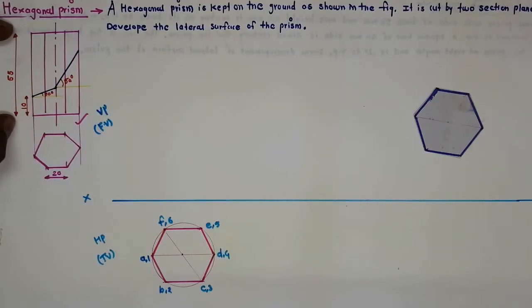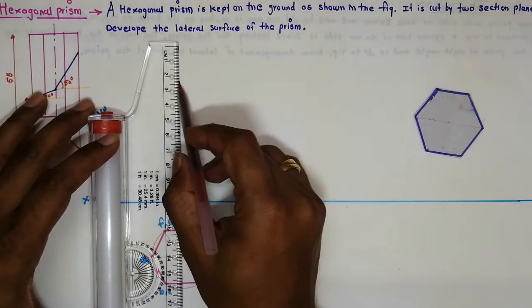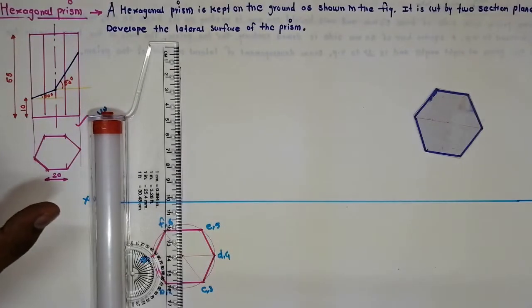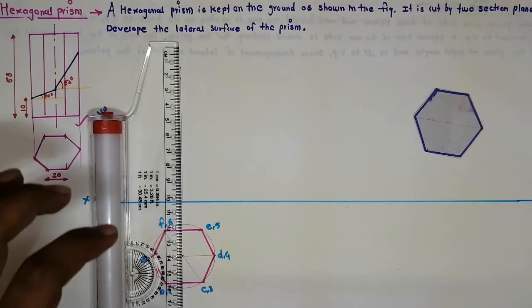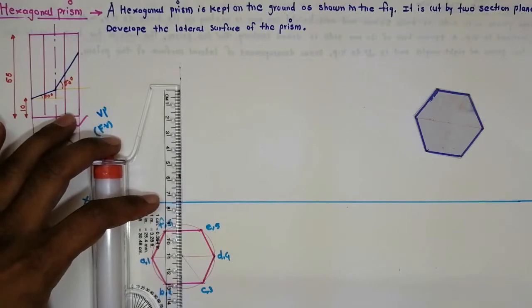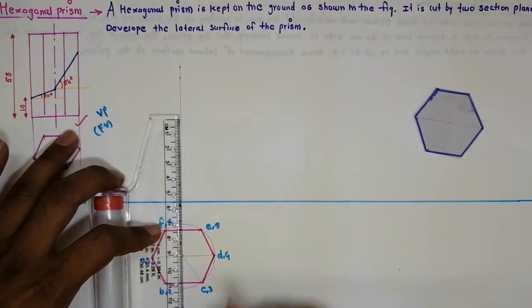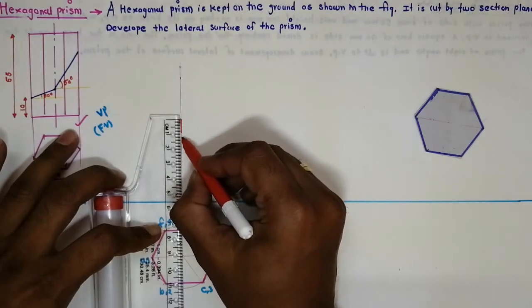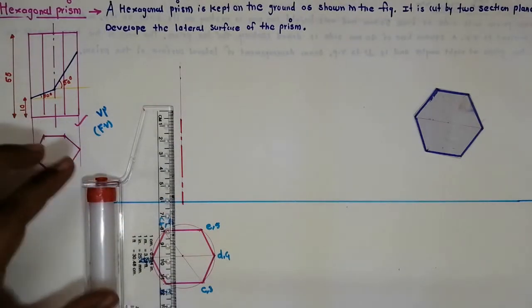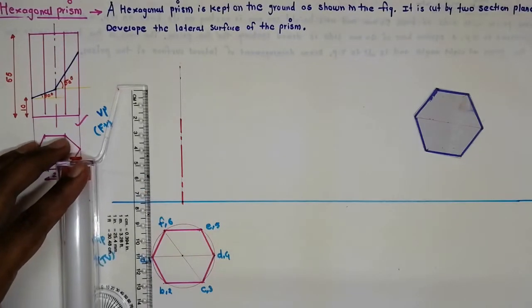Now the axis height is given as 55, so take the projections up. This is our axis, and the axis height is 55. Now take the projections. Since this is a prism, the front view looks like a rectangle.